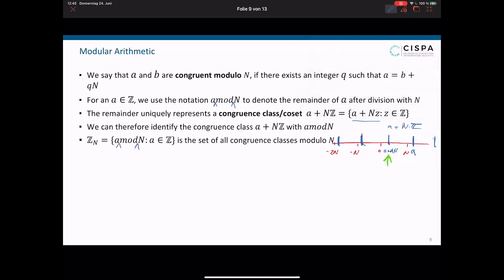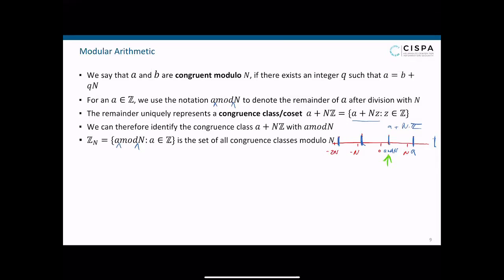We define the set Zn, which is the set of all congruence classes modulo n. So a mod n represents a congruence class, and Zn is now the set of all congruence classes.